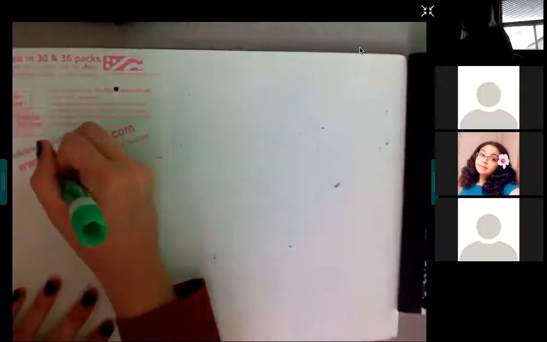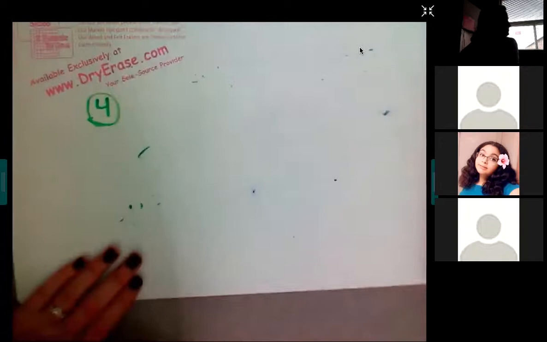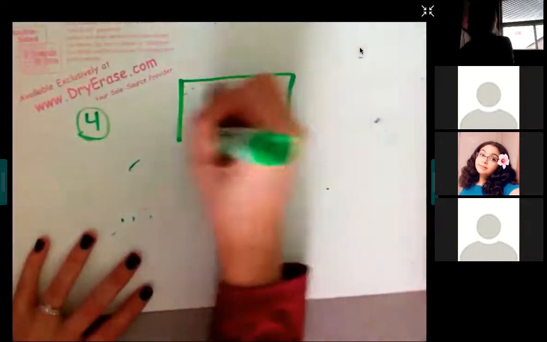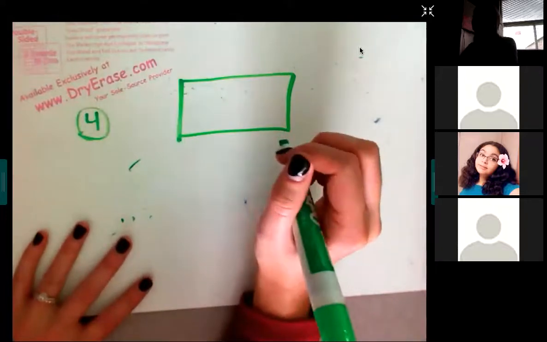All right, for 4, I started back recording because we need to talk about number 4, because a lot of y'all were on the right track, but you forgot something really important. What shape is number 4 talking about? A rectangle. Those of you that missed number 4, it's because you didn't draw a rectangle.